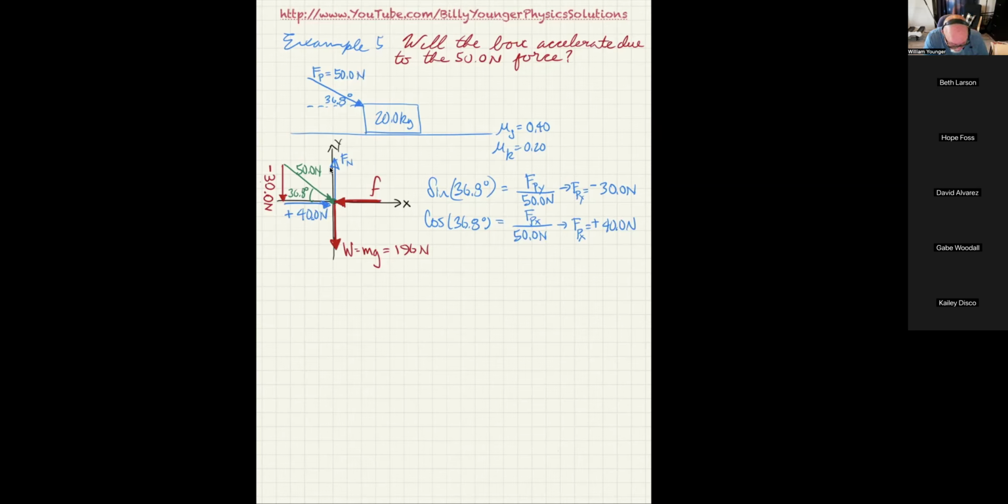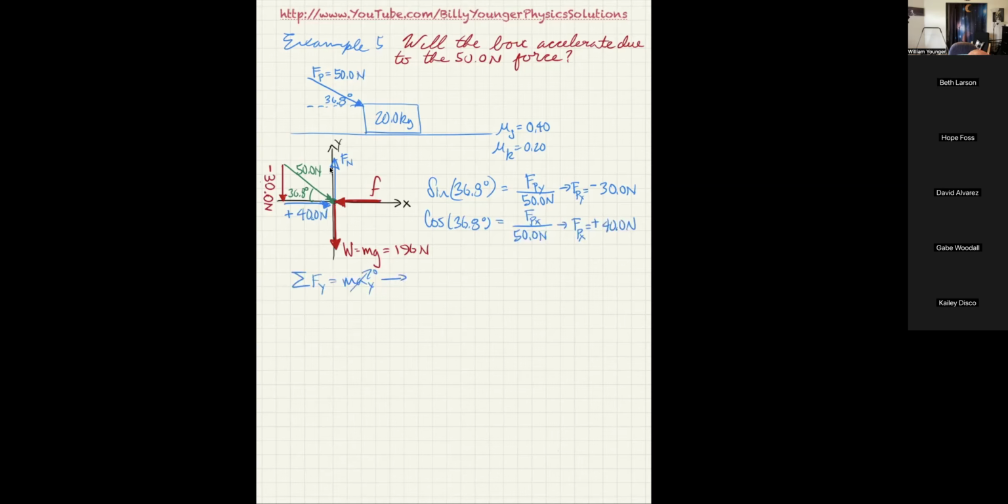I can't figure out what the friction force is yet, and I can't figure out what the normal force is yet because I need to use Newton's second law to do that. So we'll start off with Newton's second law in the y direction. The summation of forces in the y direction equals mass times acceleration in the y direction. And for the same reason I've been saying 1,000 times, the acceleration in the y direction is 0.